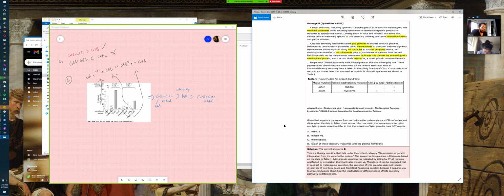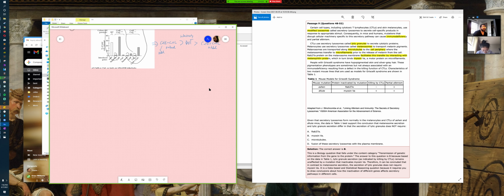Secretory lysosomes form naturally in the melanocytes and CTLs of ashen and dilute mice. The data in Table 1 best support the conclusion that melanosome secretion and lytic granule secretion differ in that the secretion of lytic granules does not require... Let me look at the passage for a sec.